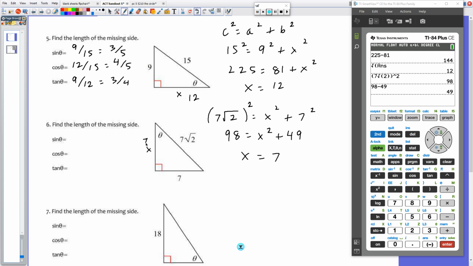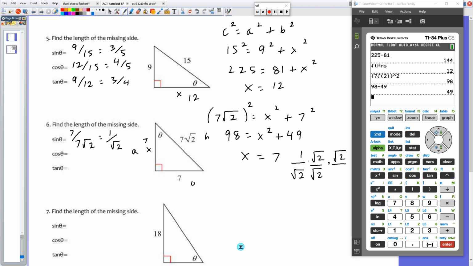Sine, the angle is up at the top, so down here is your opposite. This is your adjacent. Here is your hypotenuse. Sine, opposite over hypotenuse. You should reduce the 7's. And there was a technique that you learned in algebra called rationalizing, where you multiply top and bottom by the square root. 1 times radical 2 gives me radical 2.